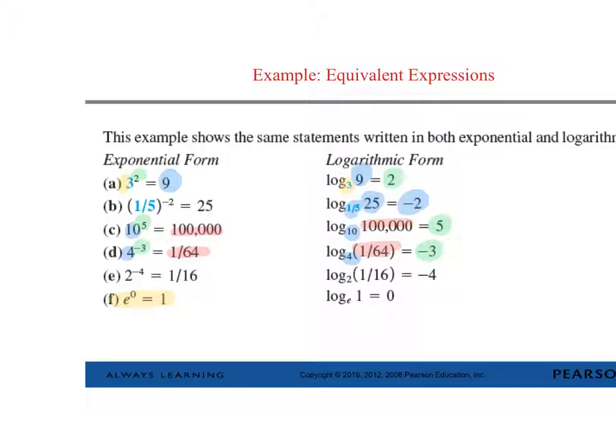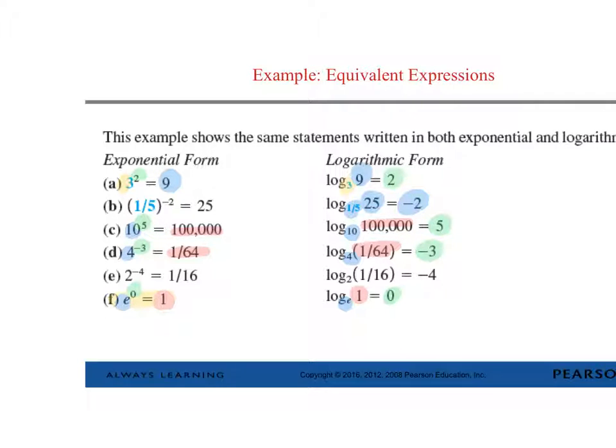So take into account that e to the 0 power is equal to 1 tells us, just like it does with all the others, that if e is the base and 0 is the power, then the result is going to be 1.